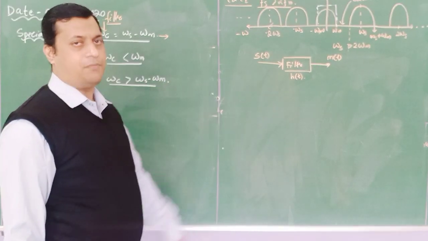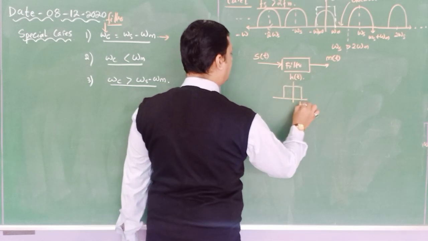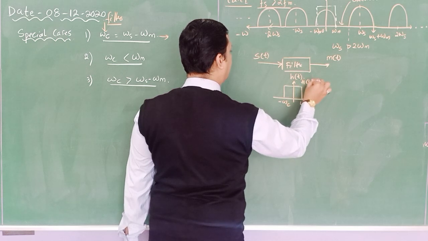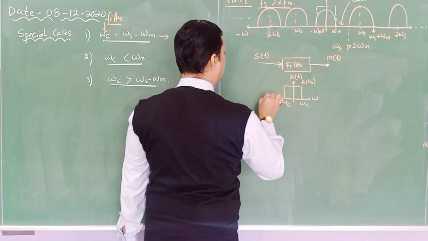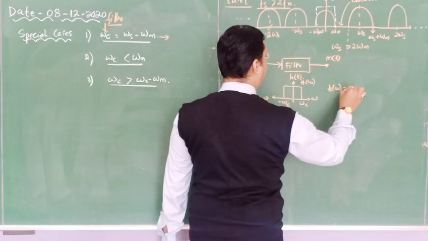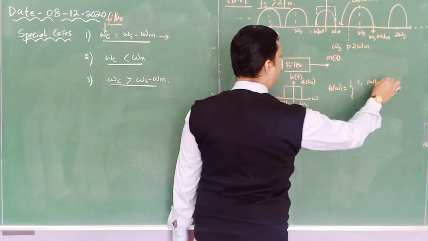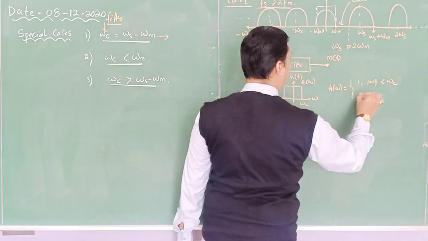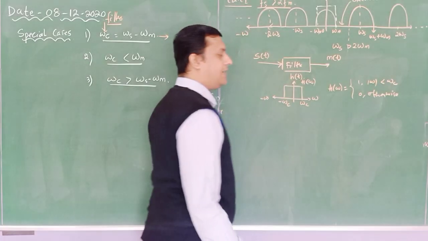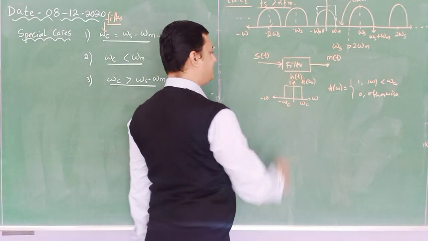Now this filter response has the band limitation omega c and minus omega c. So this is h of omega. And its condition is that h of omega is equal to 1 for mod omega less than omega c and 0 otherwise. So this is the response. Mod omega less than omega c means from minus omega c to plus omega c, so the maximum value is 1.